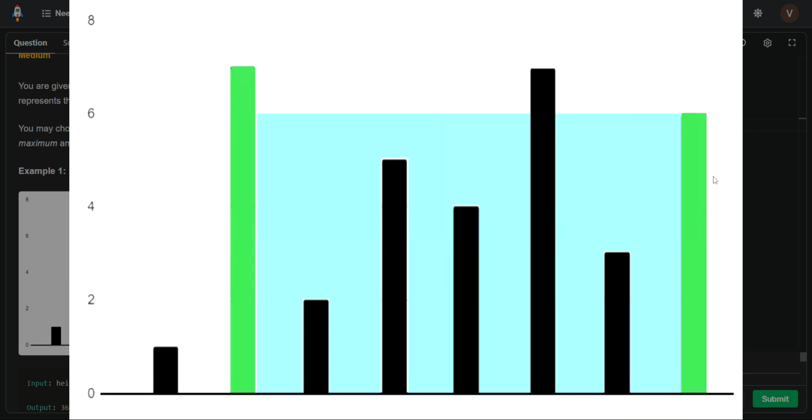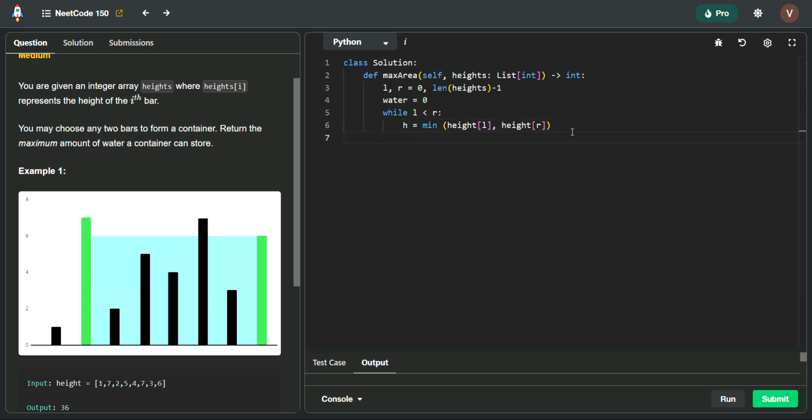No matter how tall the right side or the left side is, if one side is short, then the water is just going to spill over from there, right? Let's say we have our left pointer right here and our right pointer right here. However much water goes inside this container, after this point it is just going to fall over. So we use the min as our height. That's why.